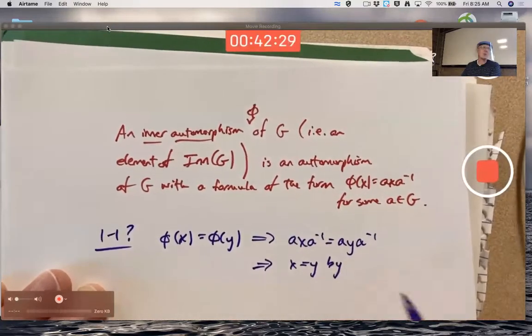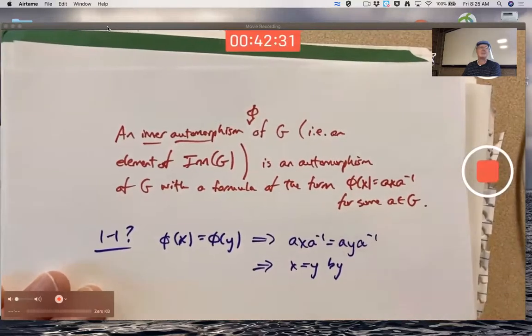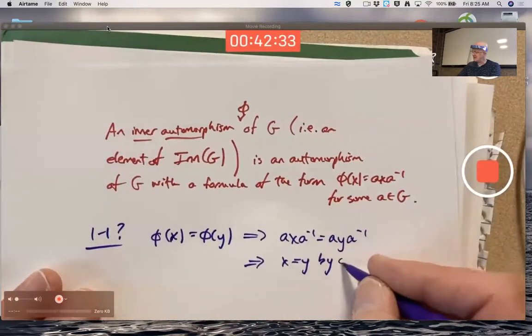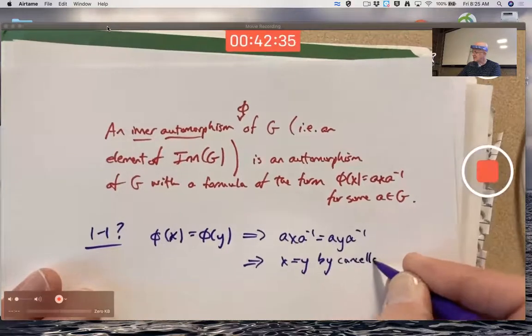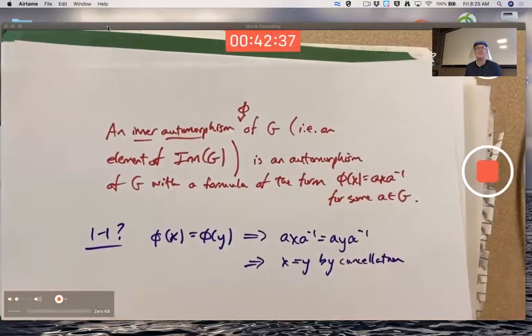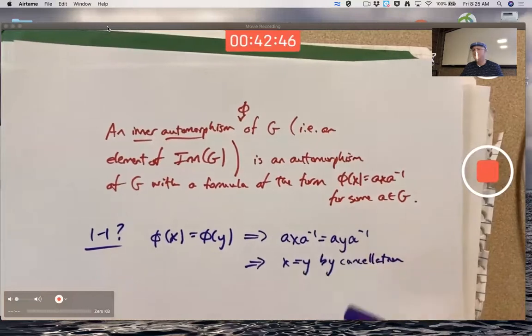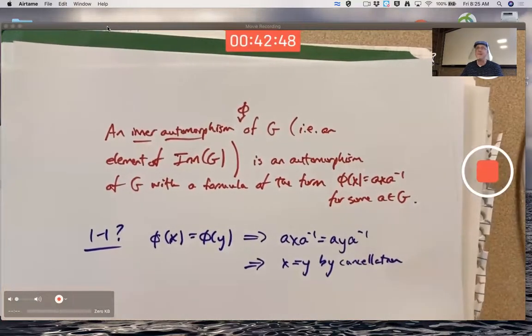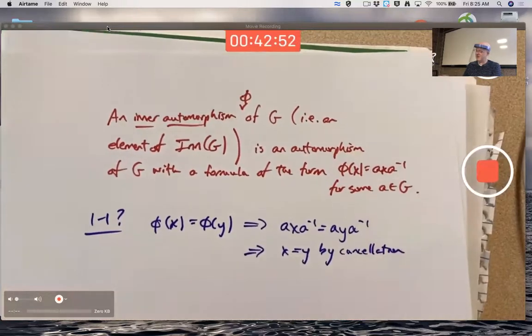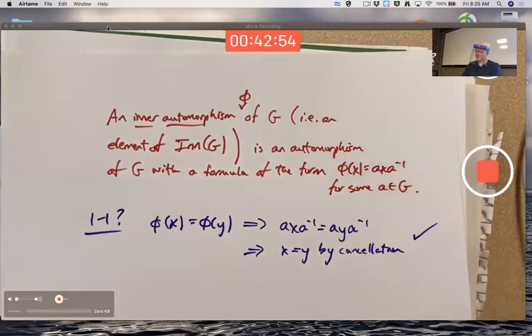I really used both left cancellation and right cancellation, so I'll just say by cancellation. Cancel the a's on the left and the a inverses on the right. If you want to give extra reasons for that, you could literally multiply both sides on the left by a inverse and on the right by a. So yes, it's one-to-one.